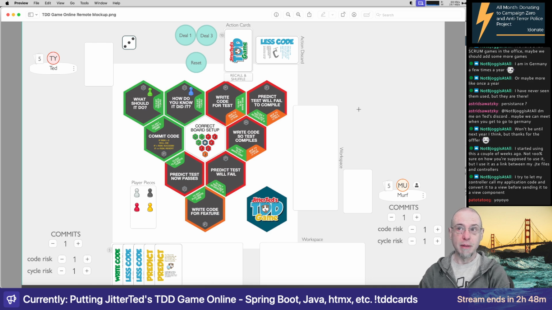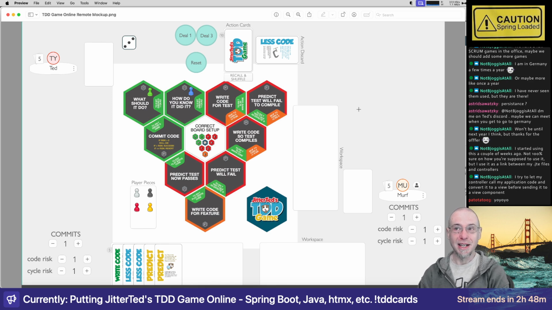It's going over the WebSockets, which means that a lot of the support that Thymeleaf or other frameworks like View Component have doesn't really help me, because I'm not getting GET requests. And so for all those reasons, I'm going to be doing a lot of stuff on my own.